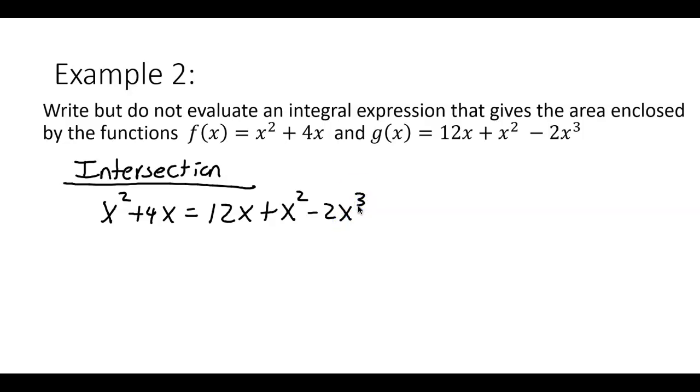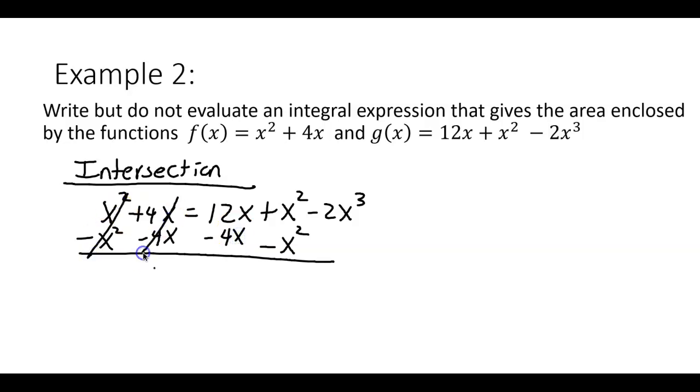Then we get it to equal 0, right? So I'm going to move everything on the left side out of the way. So these are all gone. This is 0. This is 8x. This is gone.